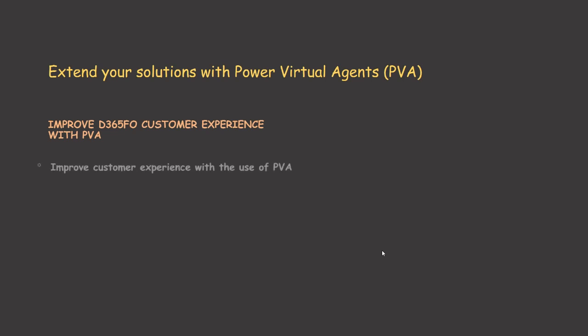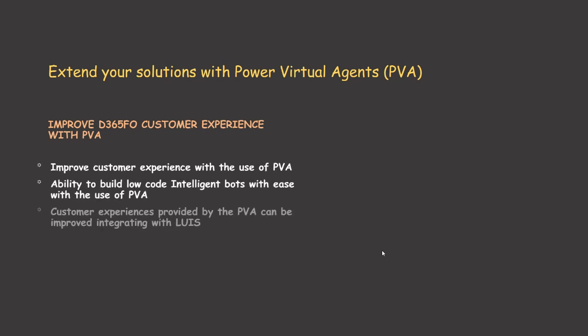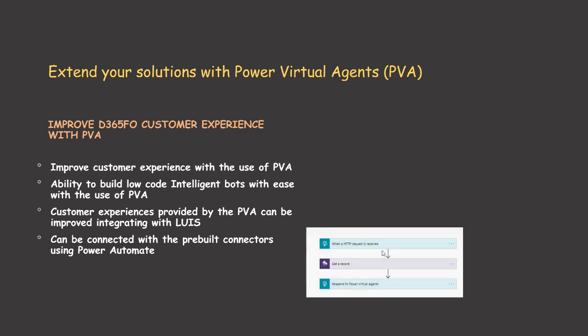Let's quickly run through the Power Virtual Agent because we have a few more demos to show. As I mentioned, in Power Virtual Agents you can improve the customer experience using PVA, and you have the ability to build low-code intelligent bots as well. If you have experience and want to improve the customer experience, you can use LUIS as well.